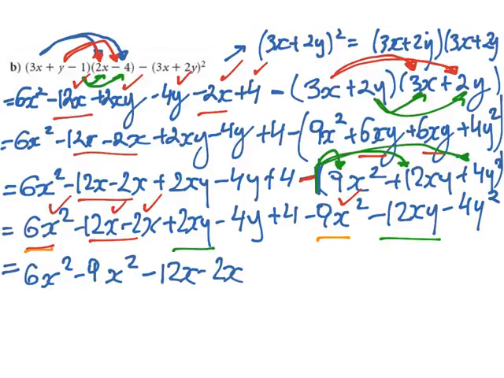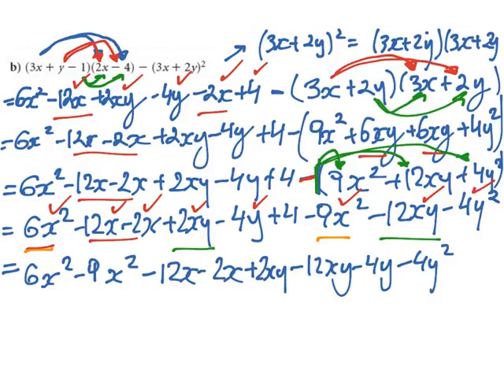We have 2xy and we have negative 12xy. So give yourself a little check mark. And then we have a y, so negative 4y. Give yourself a check mark so everything's used up. Negative 4y squared. And a positive 4, constant. So everything is used up.